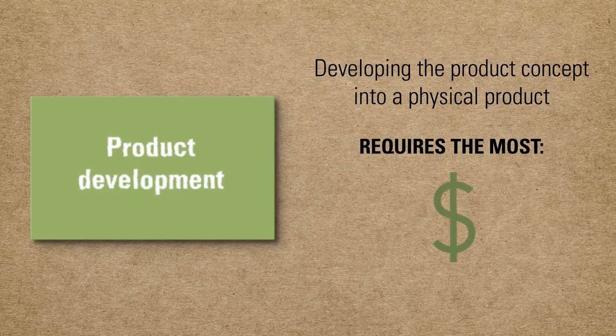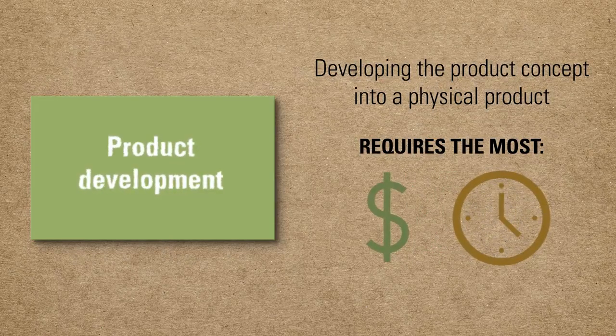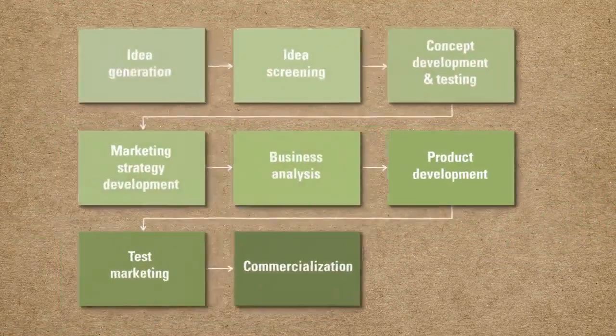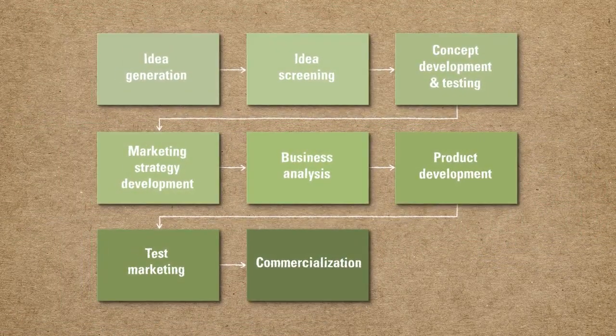It's the stage that takes the longest amount of time because there's a lot of details that need to be ironed out. There's a lot of things that could go wrong that need to be fixed, and so it's just a stage in the process that tends to take time and requires a lot of resources. But once we come out of product development, again, we need to continue to test.